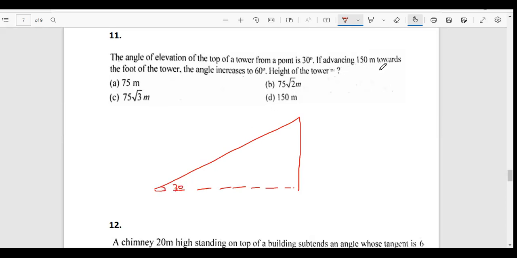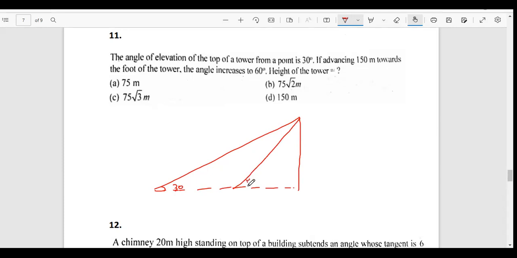If advancing 150 meters towards the foot of the tower, the angle increases to 60 degrees. Imagine that we have moved 150 meters towards the foot. So now this angle is going to be, for example, something of this type.